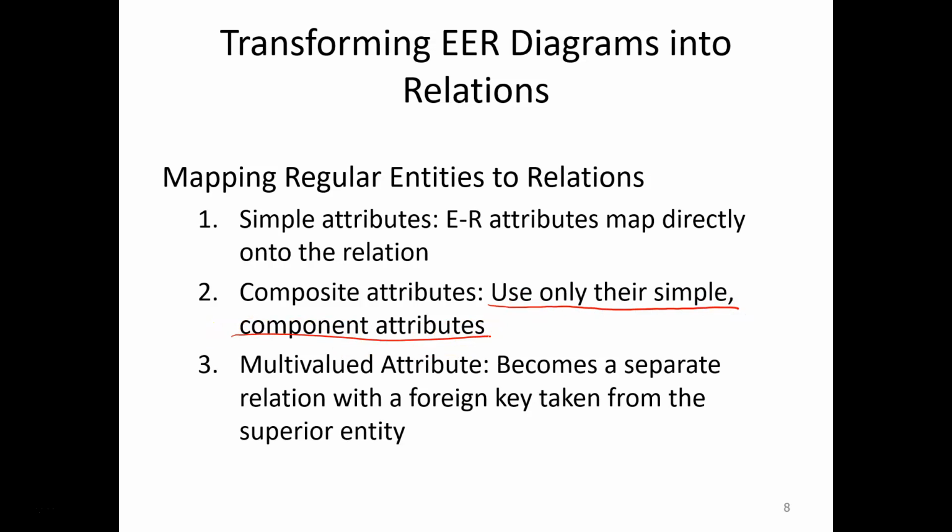When you translate that attribute into tables, you only put street address, city, state, zip instead of putting address in the table. And then if you see a multi-valued attribute like skills, it becomes a separate relation with a foreign key taken from the superior entity.